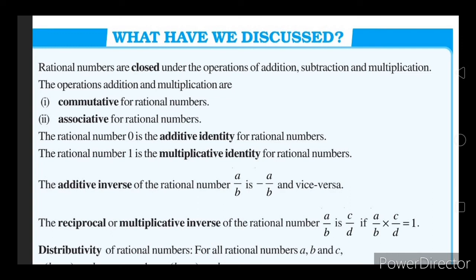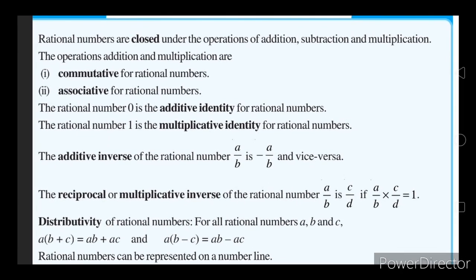The additive inverse of the rational number a upon b is minus a upon b, and vice versa. Vice versa means if it is minus a upon b, it will be a upon b, and if it is a upon b, its additive inverse will be minus a upon b.